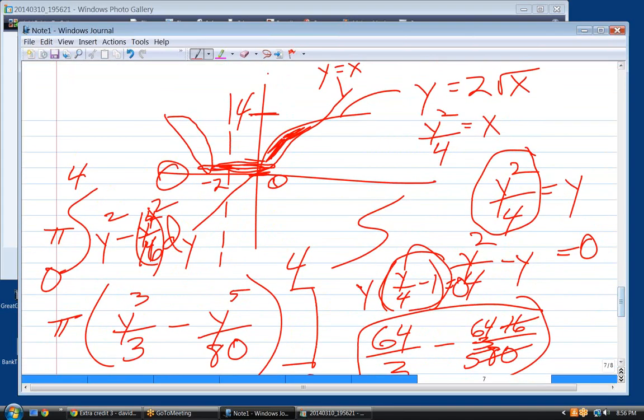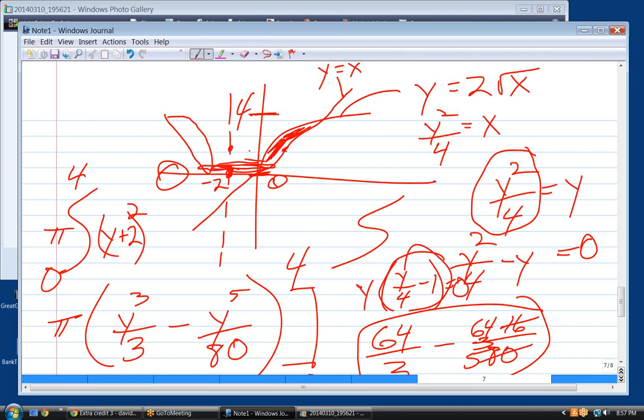The big radius. Let's go back to the big radius. I forgot we were rotating about the line x equals minus 2, which makes the big radius y plus 2 squared. In other words, the distance from here to here.